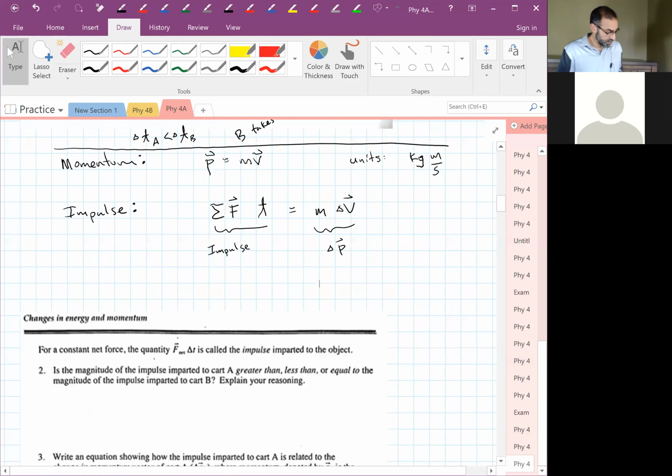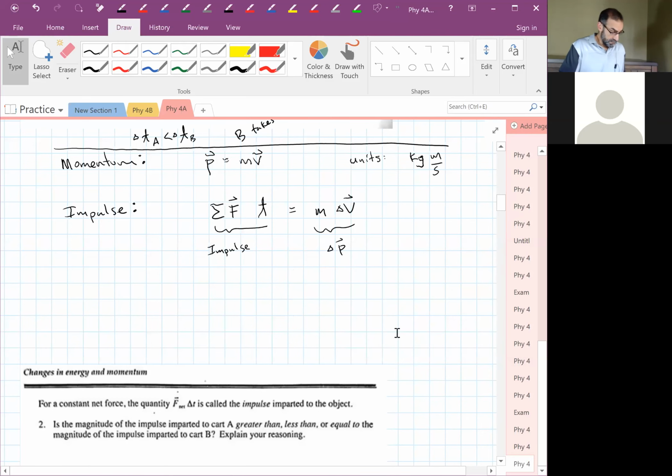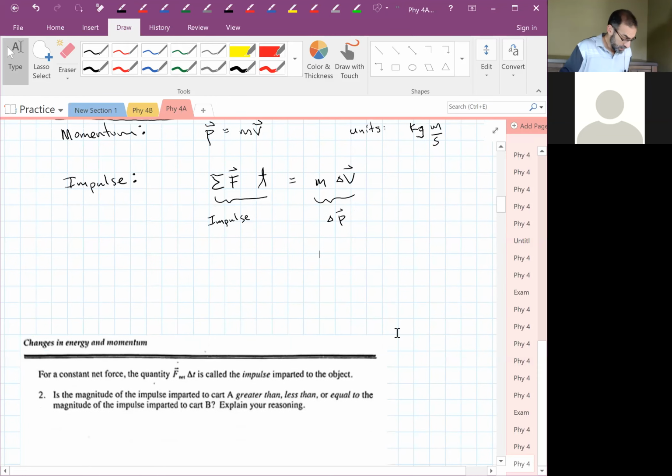So what does number 2 here say? Let me add one more thing here. I want to make a correlation to what we just learned. We've got momentum, we've got impulse.